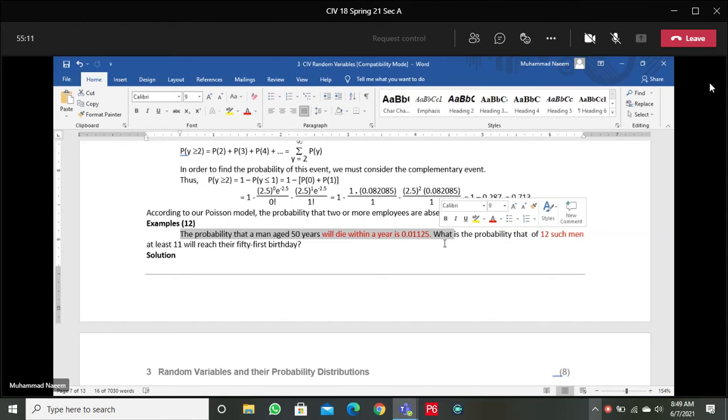Especially insurance companies, they measure such things, whether they have to sell insurance for a person aged 50 or not.